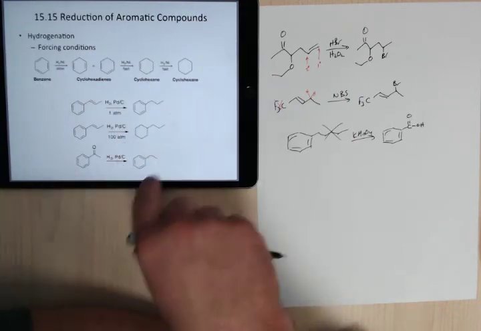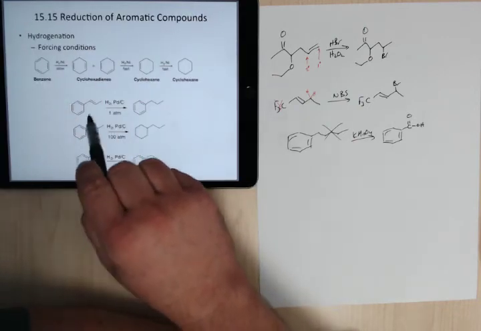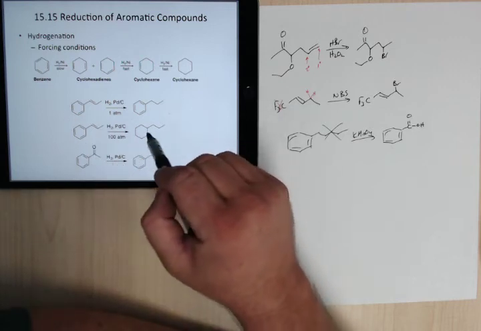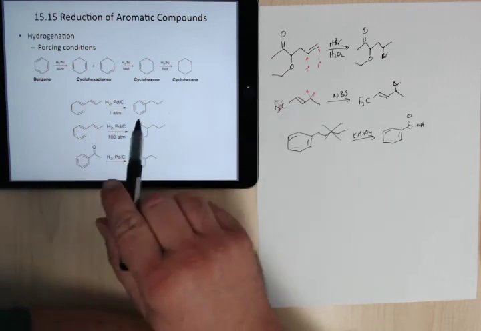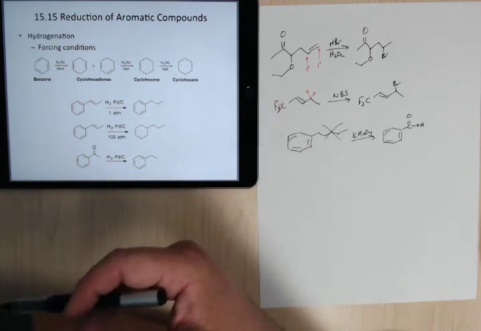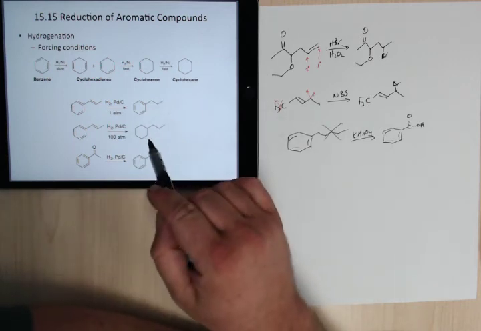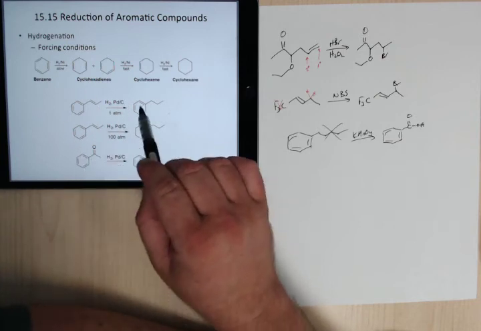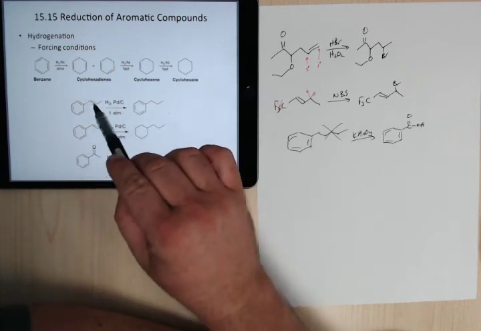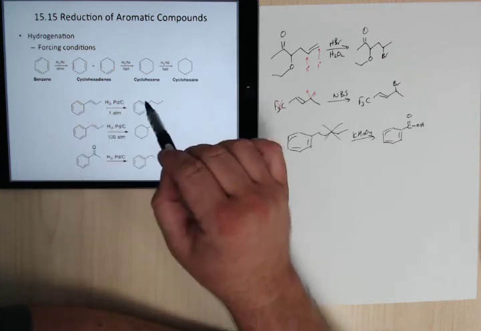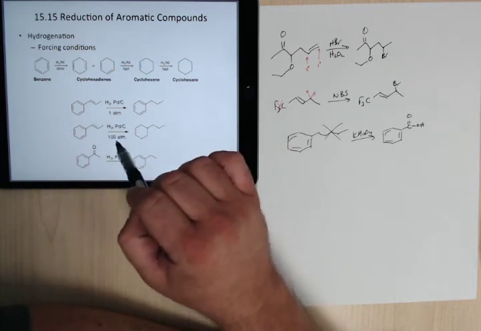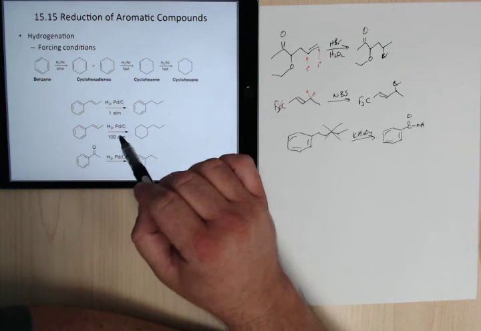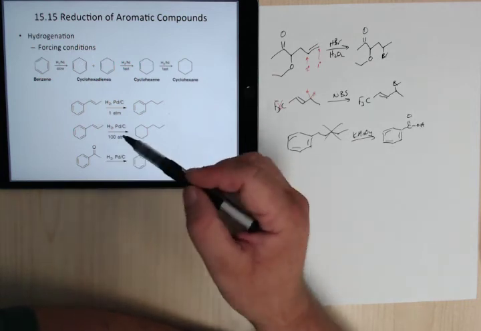So if you want to reduce this down, if you want to take the benzene down to a cyclohexene, you're going to have to force it, because what you're doing is breaking up the aromaticity, which is not good. So if you just do it under regular conditions, you just reduce a regular alkene. In order to do this, you'd have to run it at very high pressure, like 100 atmospheres.